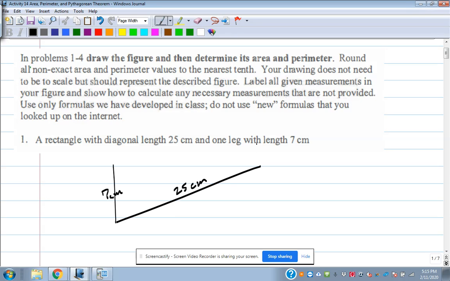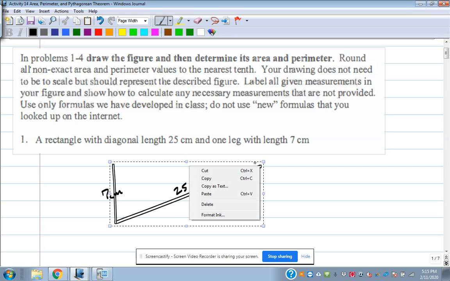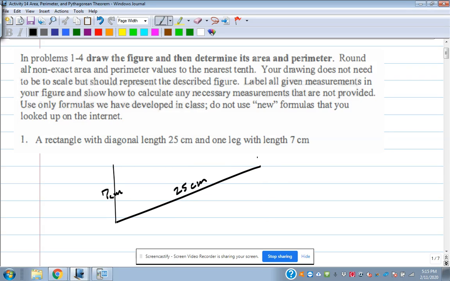So what do we know about the other side? It's 7 as well, right? Or it better be, if it ain't a rectangle. Uh-oh. Problem.